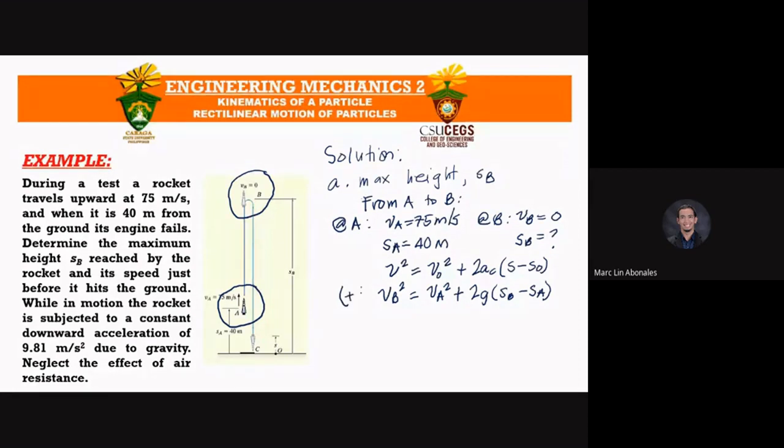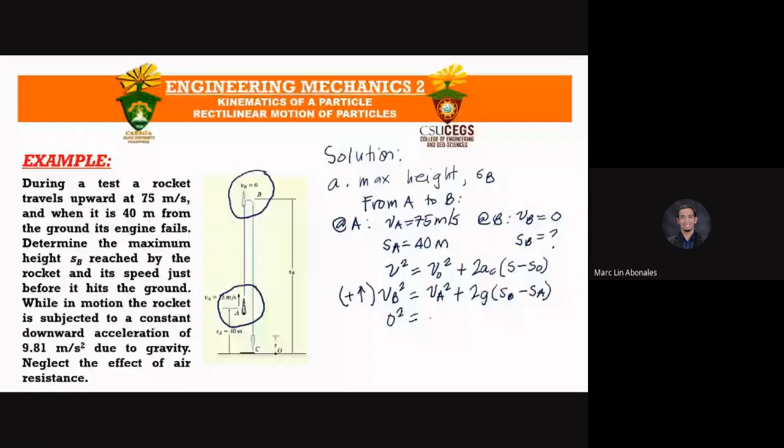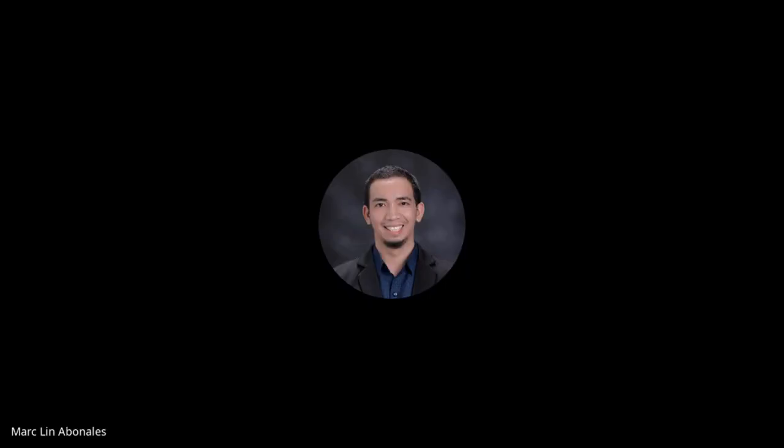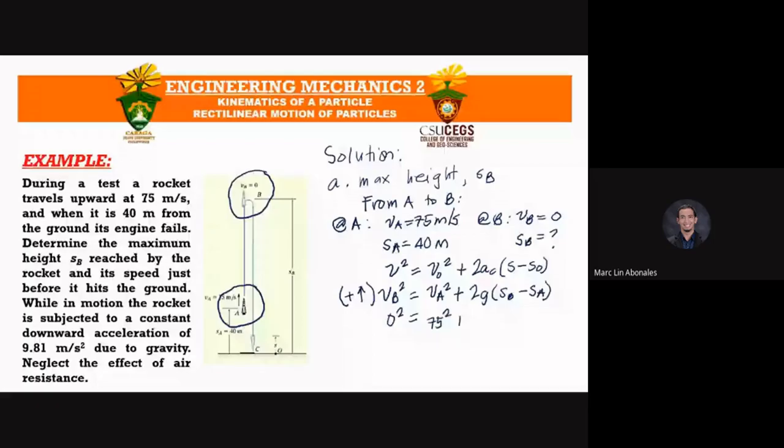So we just substitute the values. VB is 0, so this is simpler because we do not need to integrate or differentiate. VA is 75 squared plus 2 times, what is our value for gravity?